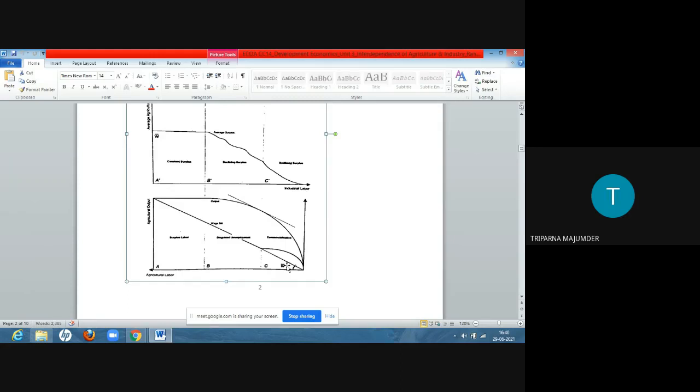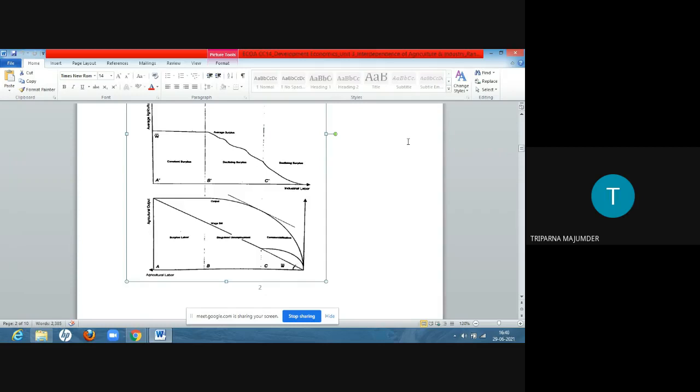This phenomenon may be thought of as the commercialization of agriculture and is associated with an even steeper decrease in agricultural surplus.